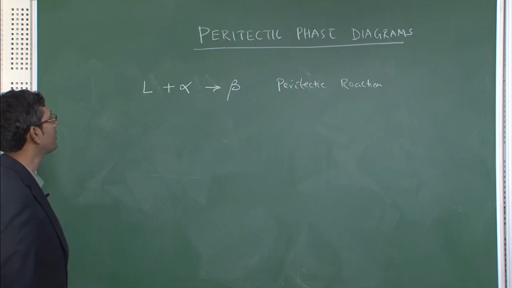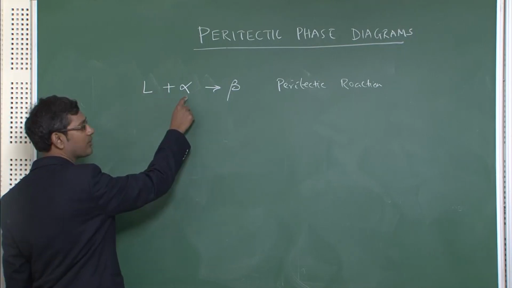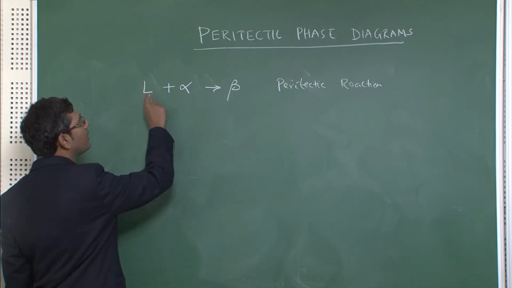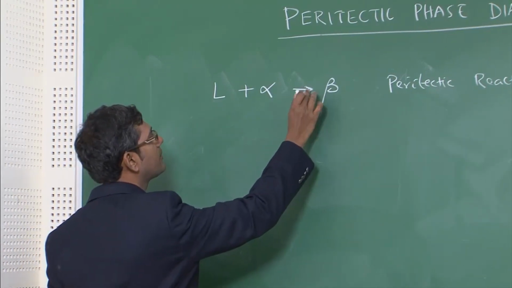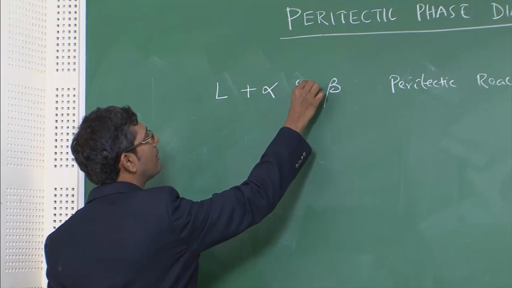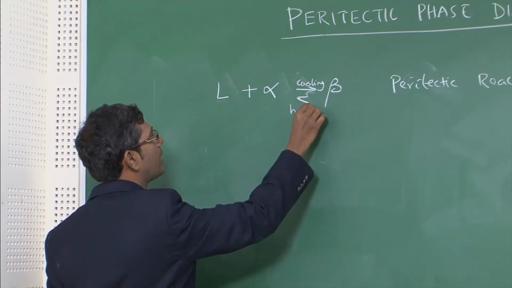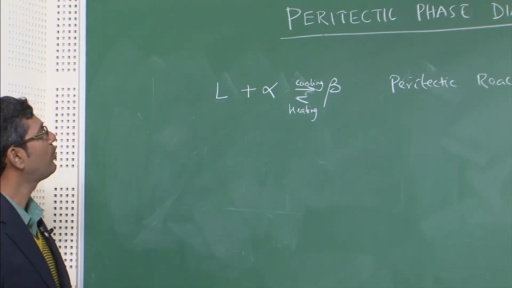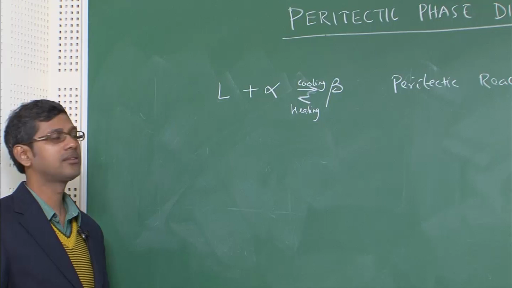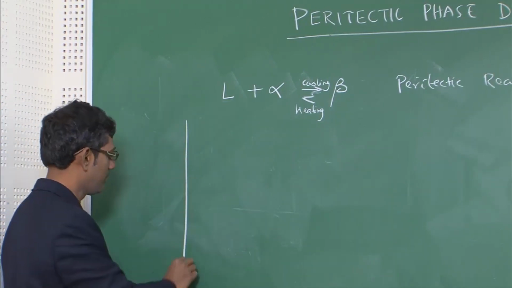So please try to understand that here one liquid phase reacts with a solid phase, leading to formation of another solid phase. Sometimes it is written like this: during cooling it will form beta, during heating beta will dissociate into solid and liquid. So this kind of reaction can be represented in a phase diagram in this way.